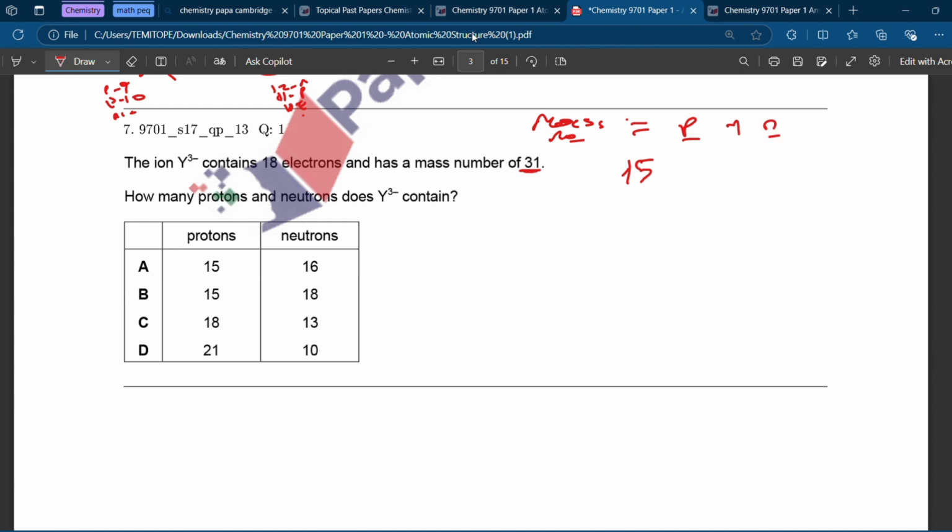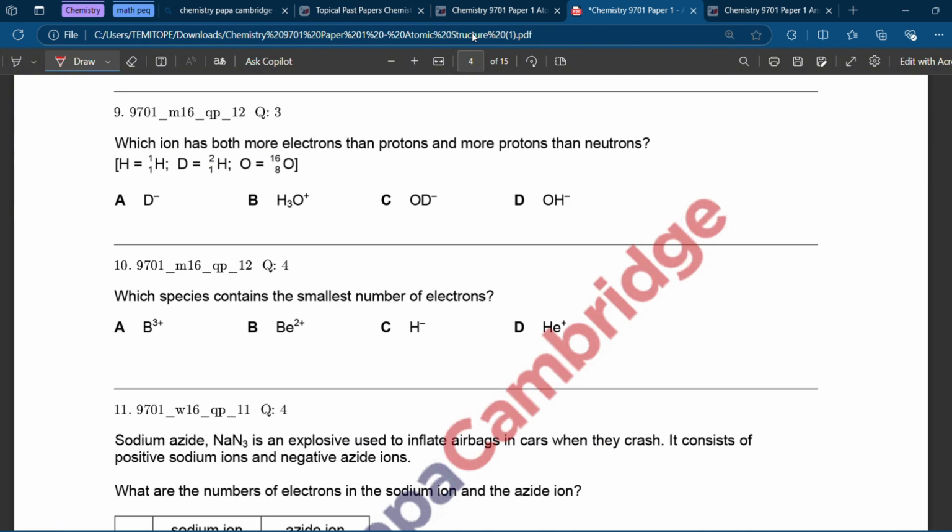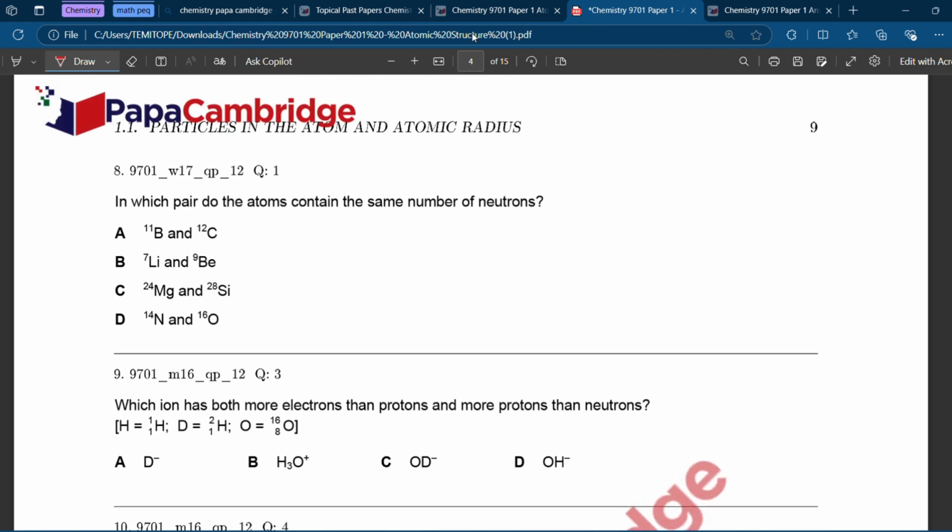So its original proton number will be 18 minus 3, which is 15. Now the mass number is 31. Mass number, remember, is proton plus neutron. So if I'm finding my neutrons, you can just do 31 minus 15, that gives you 16. So now we have 16 and 15, and that is A.